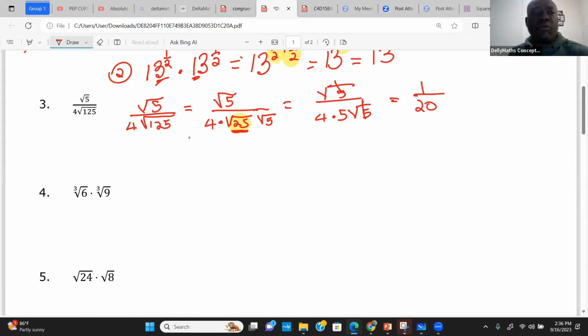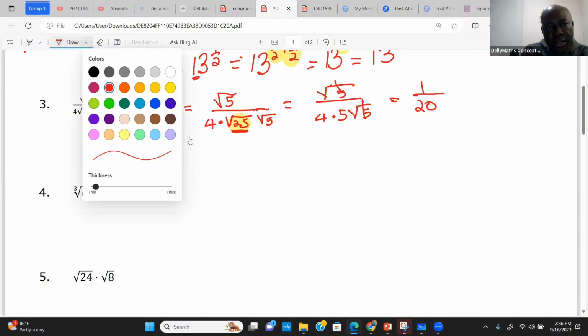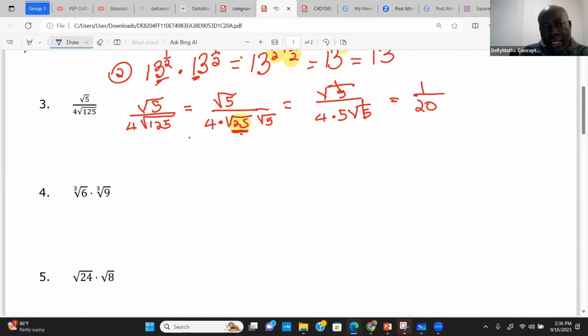Another approach to that same question is that I could take a look at the root of 5 divided by the root of 125 in another way. For example, I'll have this start.